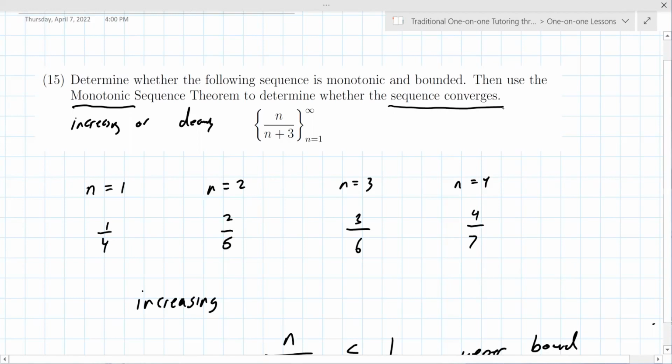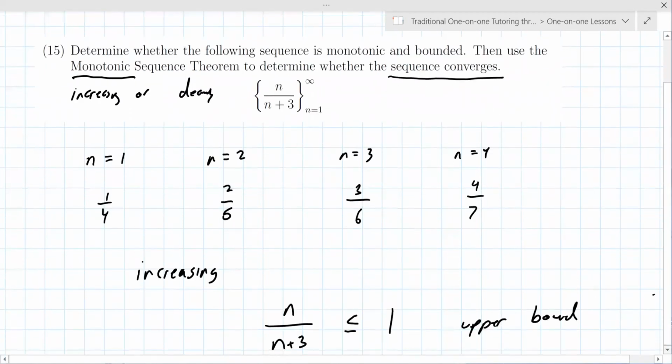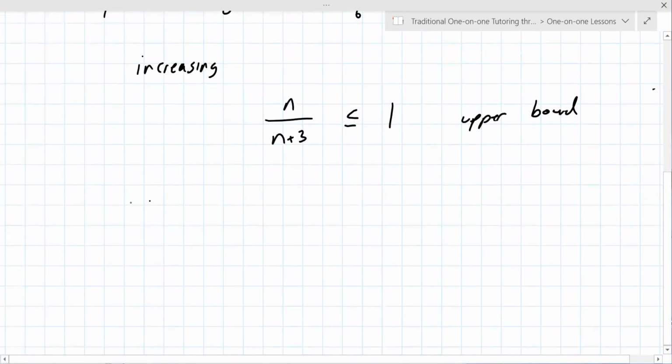What's the difference between seeing if a sequence or sum converges or diverges? Well, the sum of this would be much harder to figure out. The sum of n over n plus 3 is like adding all of these little ones up. Whether this part right here converges is different.